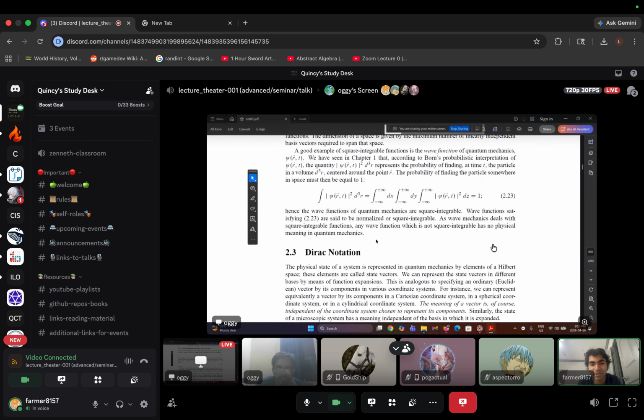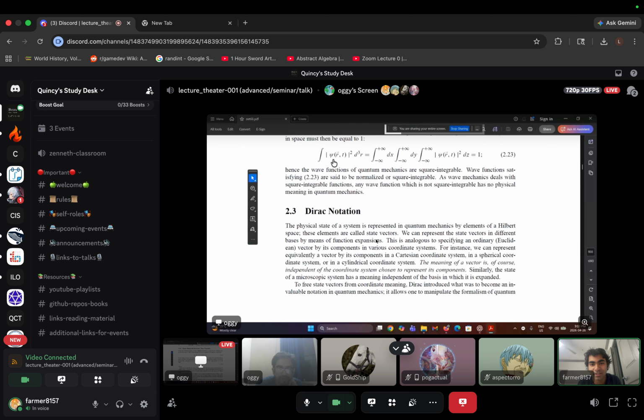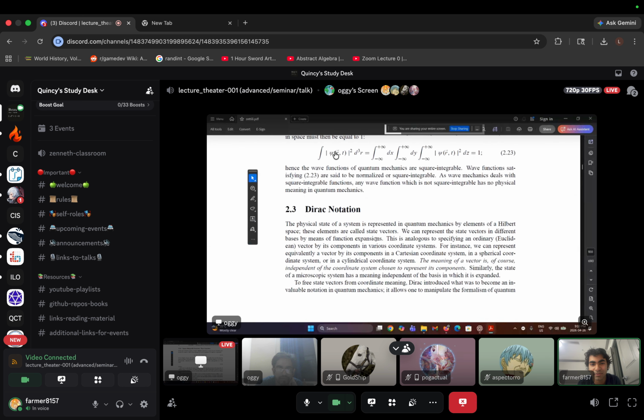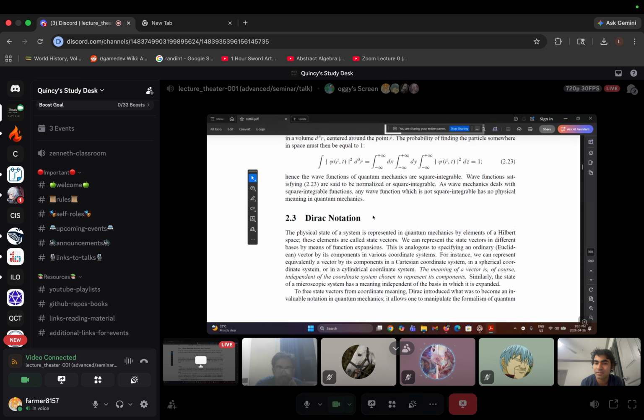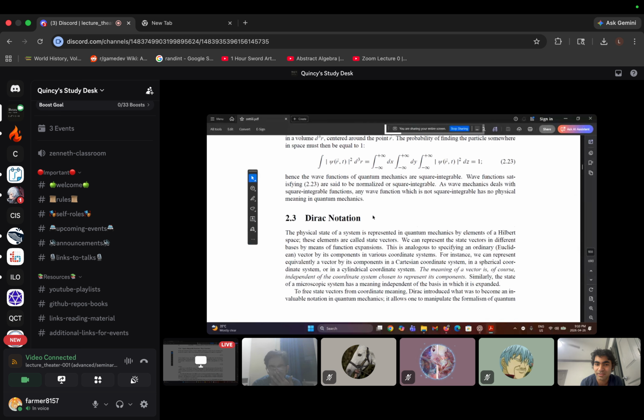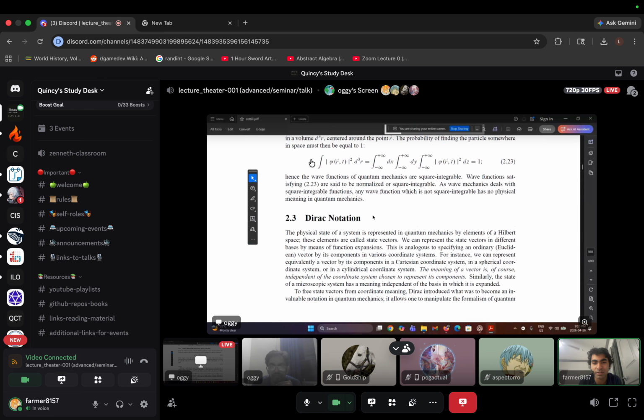Do we want to look at this again? I didn't really get this part of psi of r,t, what we're doing here. What were we doing here with the wave function?